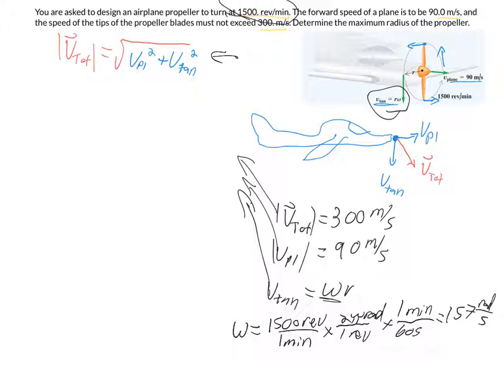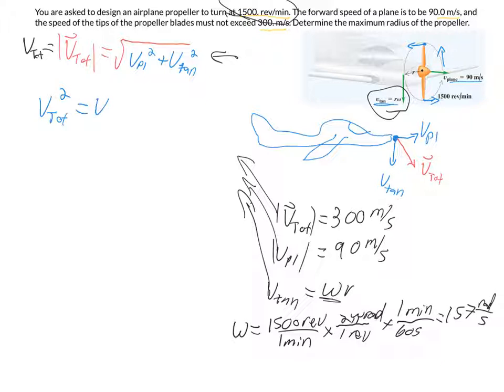Now let's go up here and work on solving this equation. I'm going to rewrite the magnitude of the vector v total as just V total without the vector sign, because that's how we represent magnitude. Let's try this again. So we've got V total, and I'm going to square both sides.